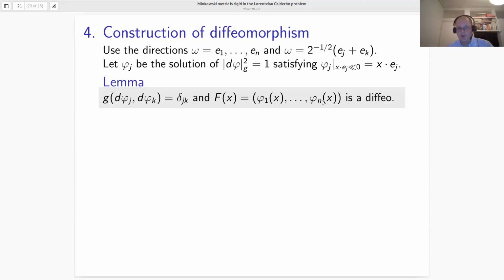Okay, but in this diffeomorphism, only those coordinate directions will play a role. They will be the components of this map. And then what I claim is that when I go to these coordinates, the metric is the Euclidean one. And these two things are sort of proven at once. And let's see how it works.